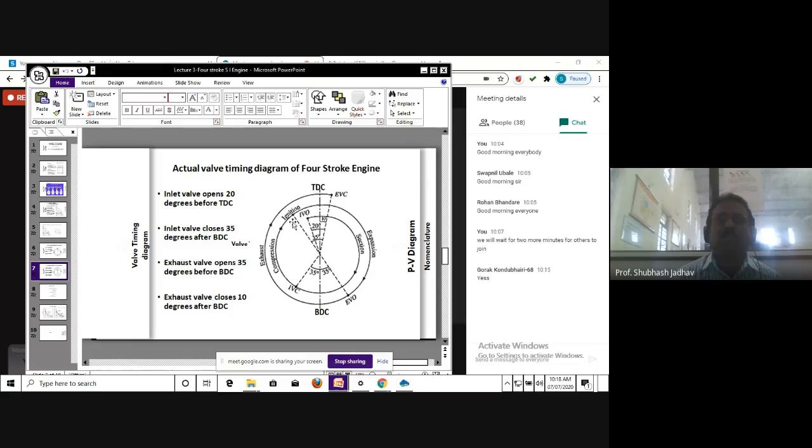Similarly, in a four-stroke engine also, since both the inlet valve and exhaust valve are remaining open simultaneously, which we call the valve overlap period, the mixture which is coming directly through the inlet is going to move out through the exhaust.